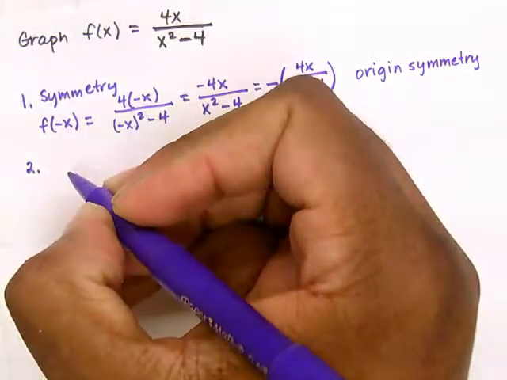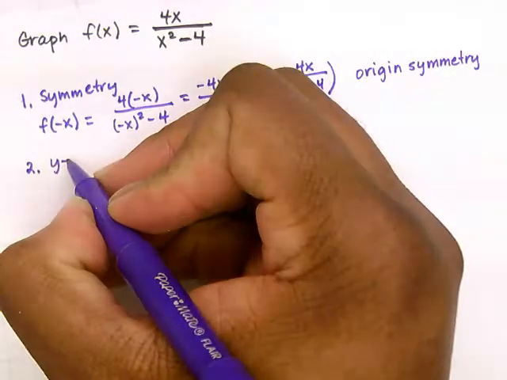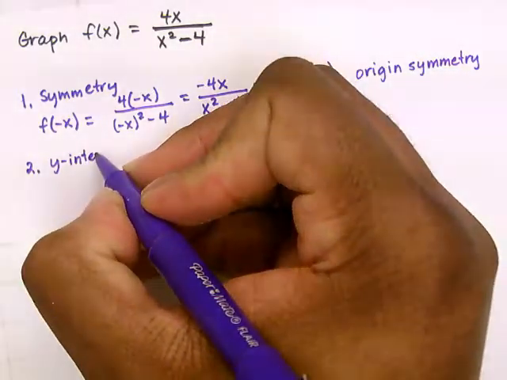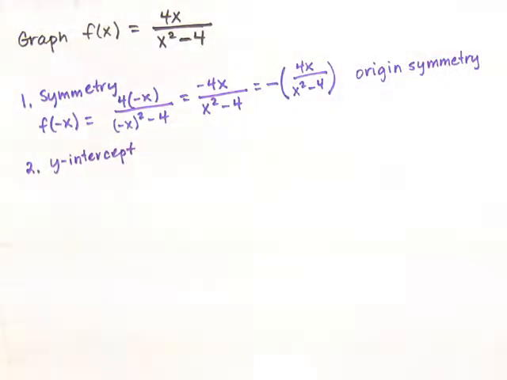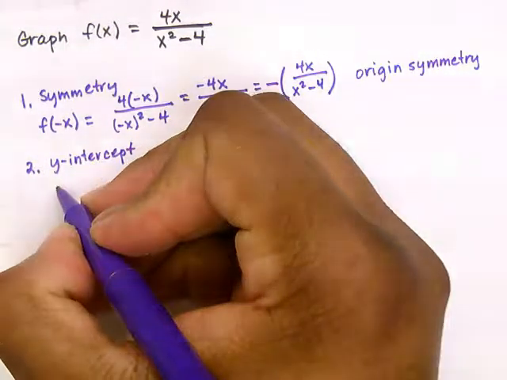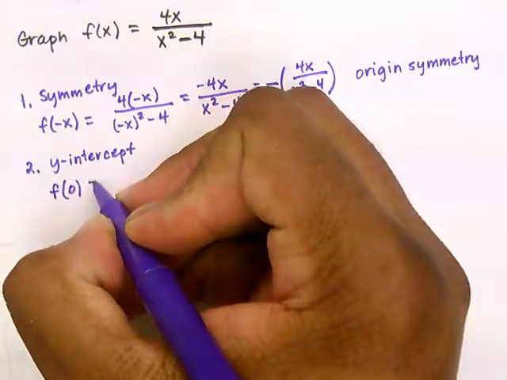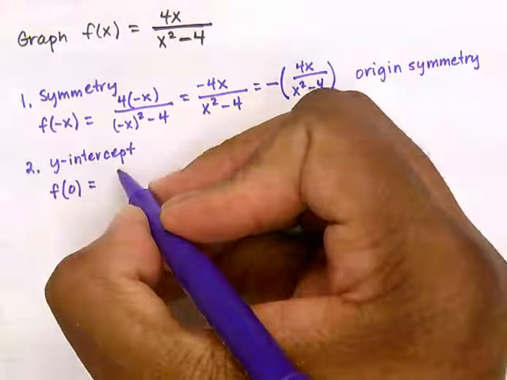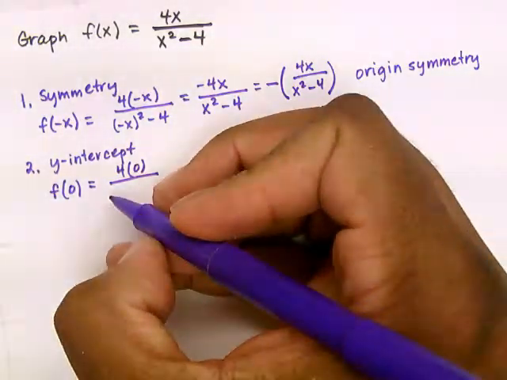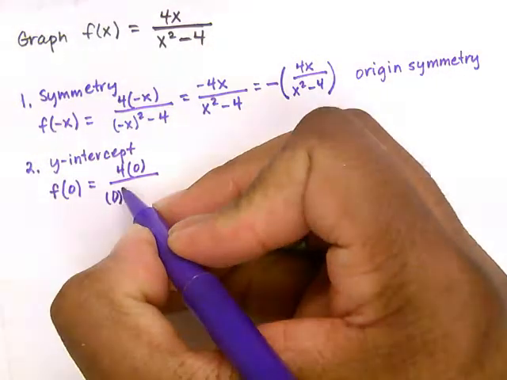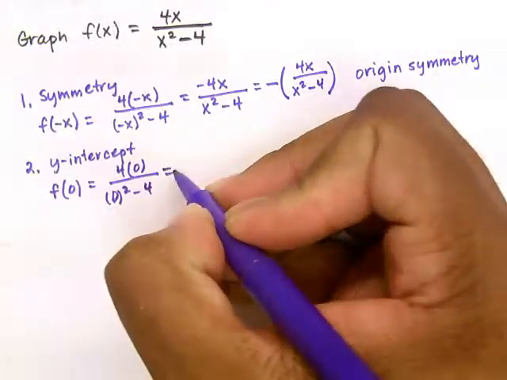Number 2 is determine what the y-intercept is going to be. And we just simply replace the x with 0 in the original function to get that y-intercept. So f of 0 here is equal to, the numerator is 4 times 0, and your denominator will be 0 squared minus 4.